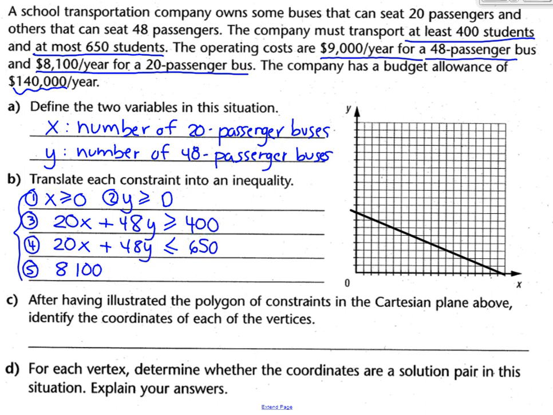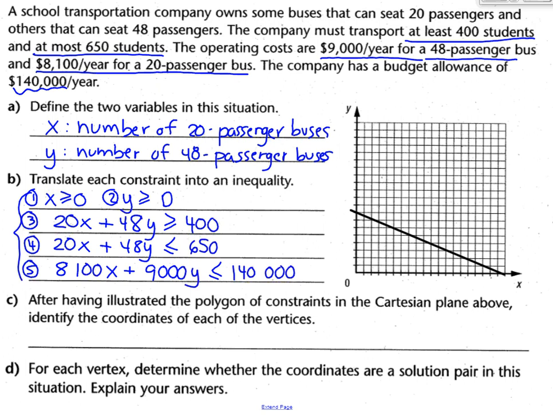So that's for one bus, times the number of buses you're going to have, plus 9,000 for the other kind of bus. And your budget is 140,000, so you need to be lower than that. Could you be equal to? Yes. Okay. So now this is your system of inequalities.